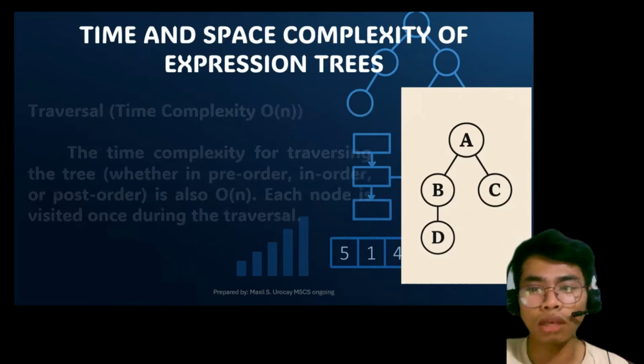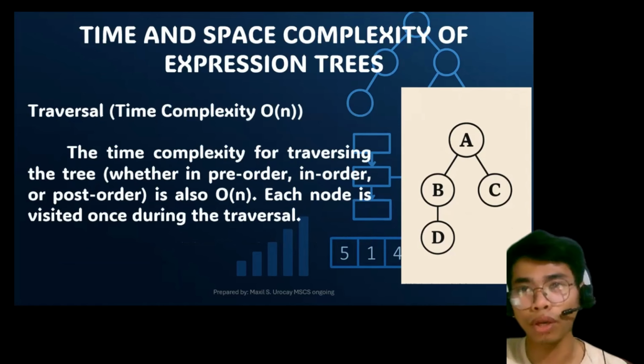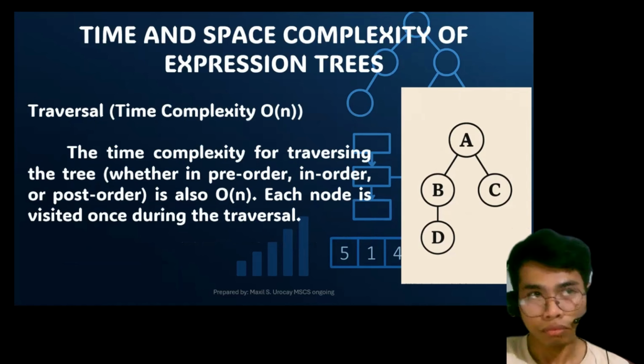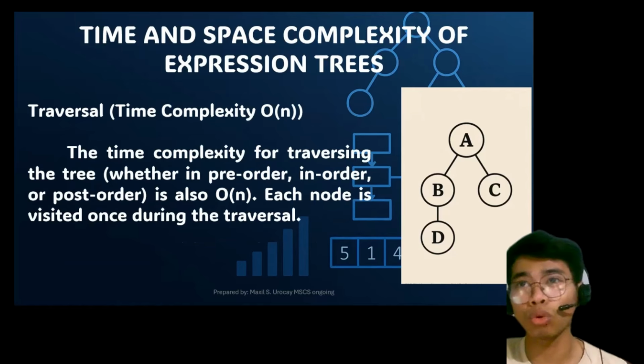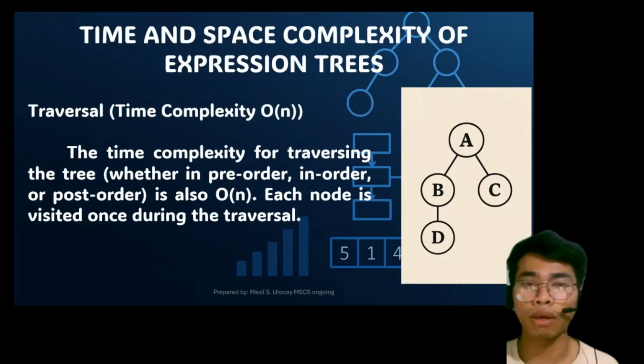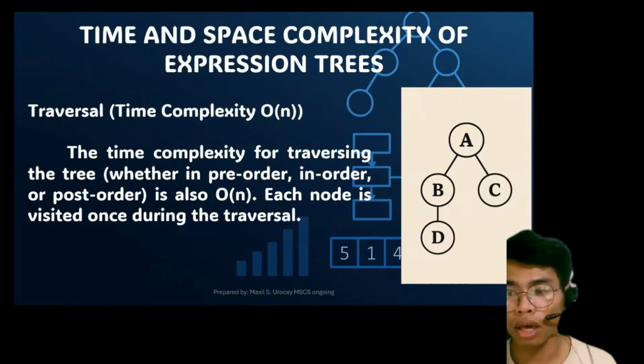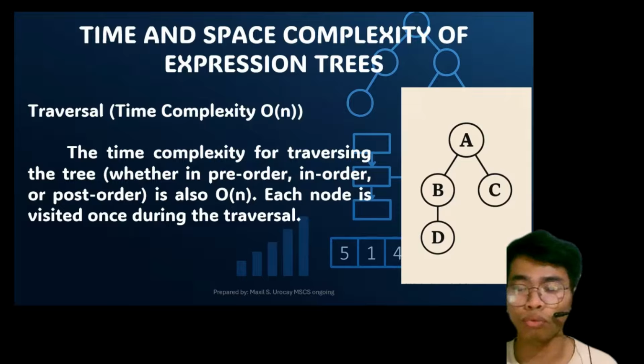The time complexity for traversing the tree will still be linear time because you will begin to check it level by level, whether you do in-order traversal, pre-order traversal, or post-order traversal. Of course that is still linear time because you will visit and do the backtracking as well, up until such time that you have checked or visited all of the elements.